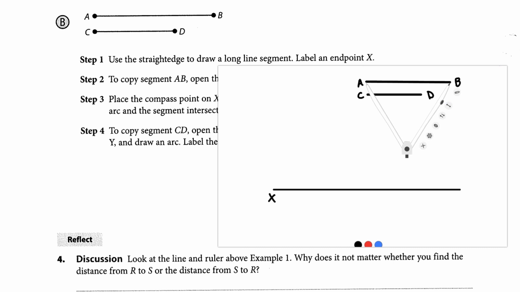And place the compass point on X and draw an arc. Label the point Y where the arc and the line segment intersect. I'll do that at the end. Then copy segment CD by opening the compass to the distance CD. Place the compass point on Y and draw an arc. Label that point Z where the second arc and segment intersect.